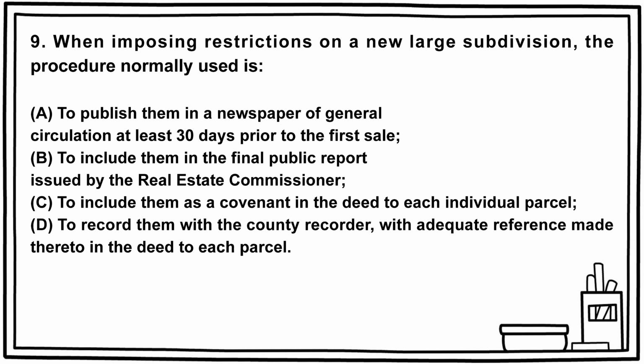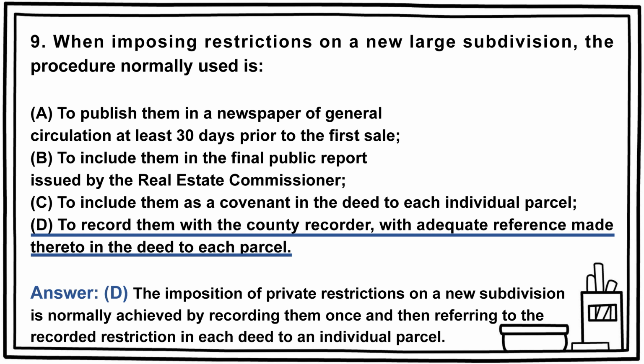D. To record them with the county recorder, with adequate reference made thereto in the deed to each parcel. Answer: D. The imposition of private restrictions on a new subdivision is normally achieved by recording them once and then referring to the recorded restriction in each deed to an individual parcel.